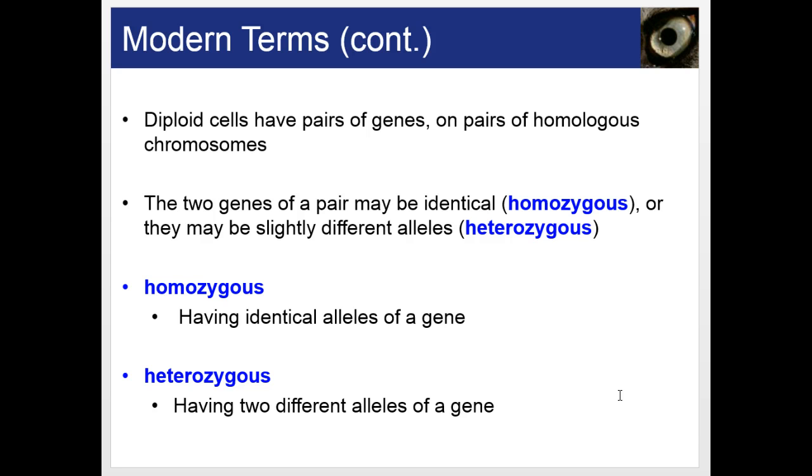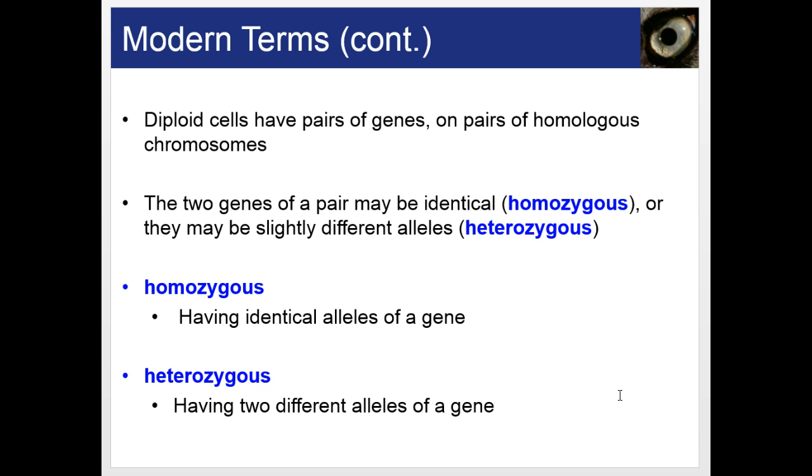If you're a female, you still have two copies of the X chromosome, one from mom, one from dad. But if you're male, then remember you have one copy of the X chromosome and one copy of the Y chromosome. Therefore, the genes on the X and the Y do not match up.